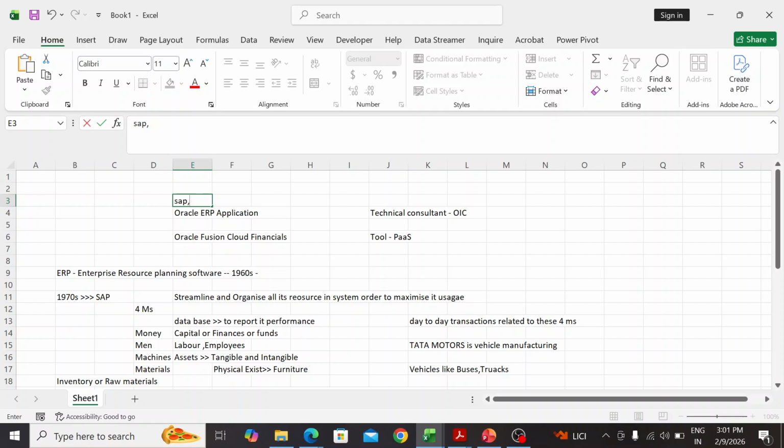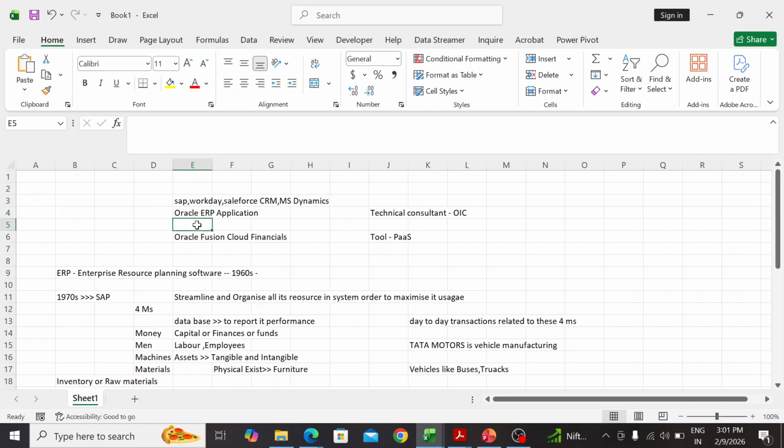We all know we have SAP, we have Workday, Salesforce CRM, we have MS Dynamics, like that we have so many ERP applications. Among them, the Oracle ERP application is one of the best and top applications in the market as of now. According to the current market scenario, it is the topmost application.